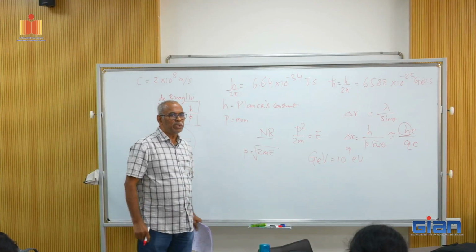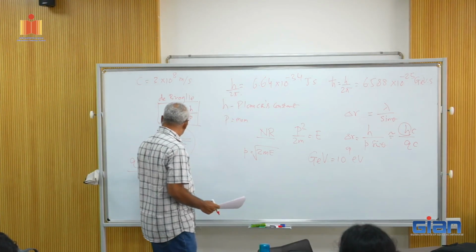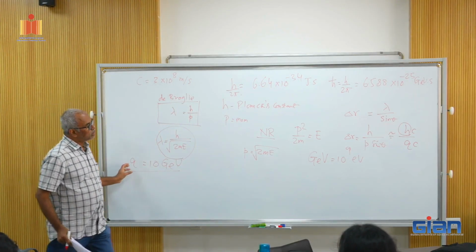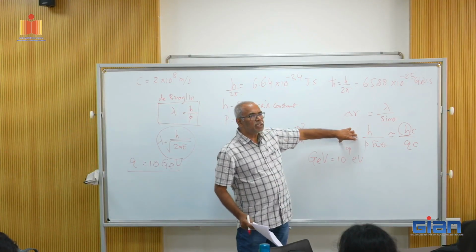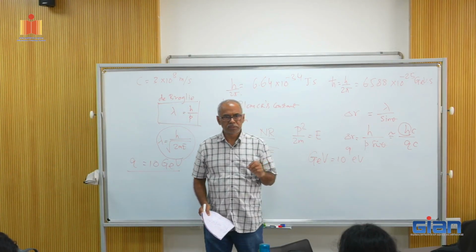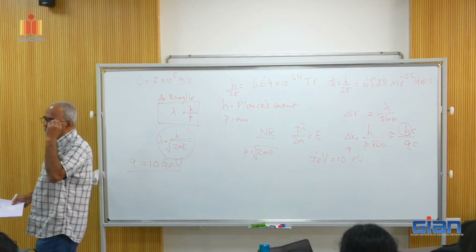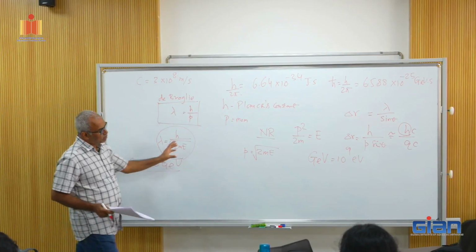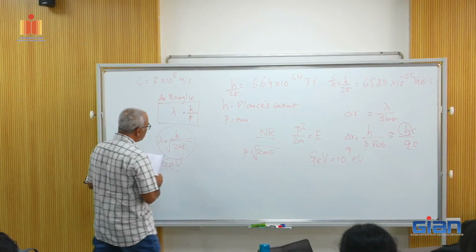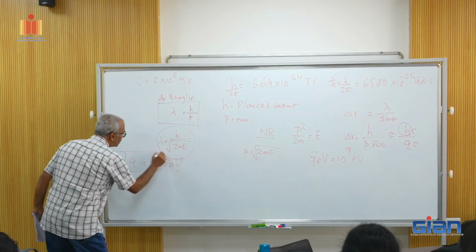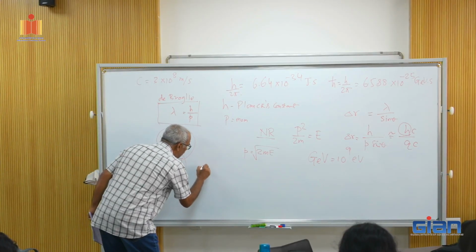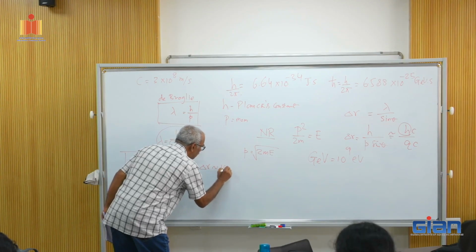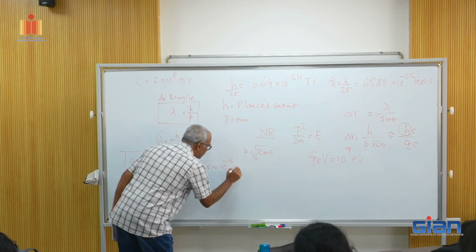Suppose you are given a beam which has energy of 10 GeV. We want to see to what distance we can resolve two objects. That's the idea. Okay. So once we put all these values, what we will get, if you have Q equal to something like this, the delta R is roughly 10 to the power minus 16 meter.